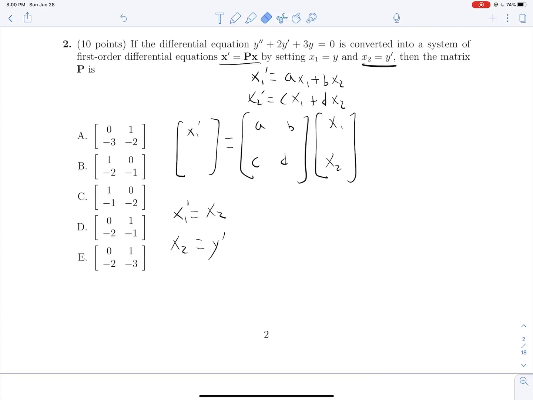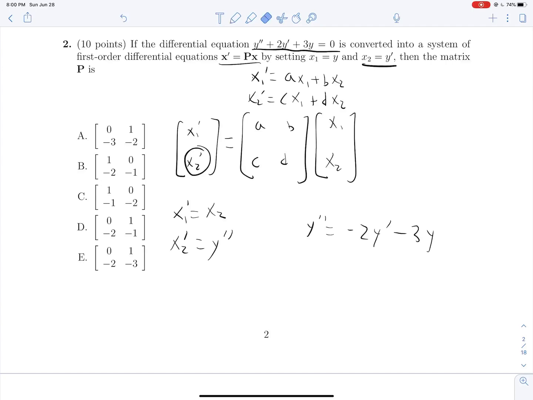Now, for our x2 prime here, we'll need to take the derivative of both of these guys. So we see that x2 prime is equal to y double prime. And what's y double prime equal to? Well, we can use this equation here. Y double prime is equal to negative 2 y prime minus 3y.